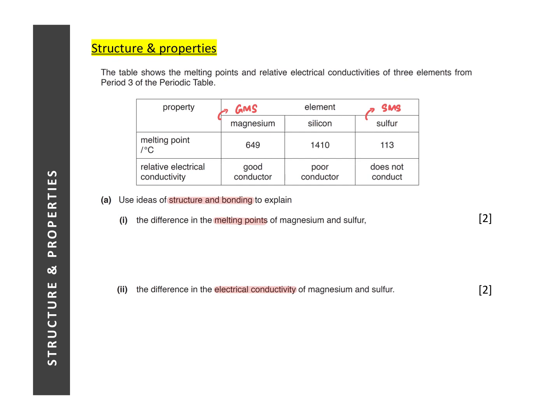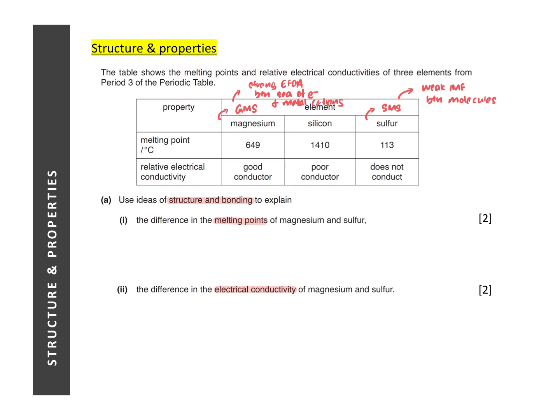Bonding, giant metallic structures have strong electrostatic forces of attraction between the sea of delocalized electrons and the metal cations. Whereas for simple molecules, we have only weak intermolecular forces between the sulfur molecules.